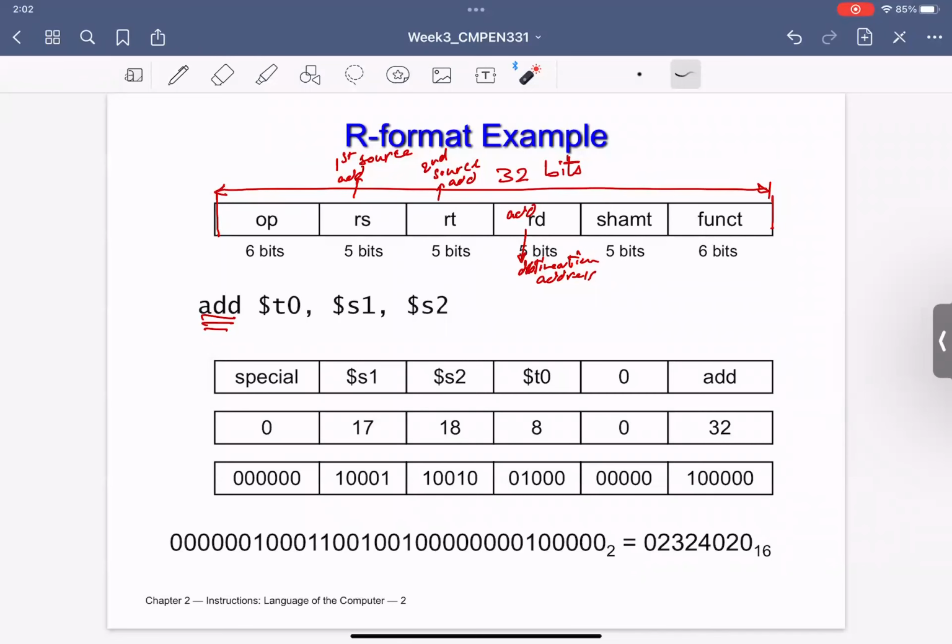And the MIPS researchers at that time chose to separate this into two parts. One, the very first 6 bits, will be common with all of the other formats that we will explain in the future, and identifies which format it is. So as soon as I look at the opcode, I will know the format: R format, J format, I format, or any other format that I may have in the future. They have decided that.